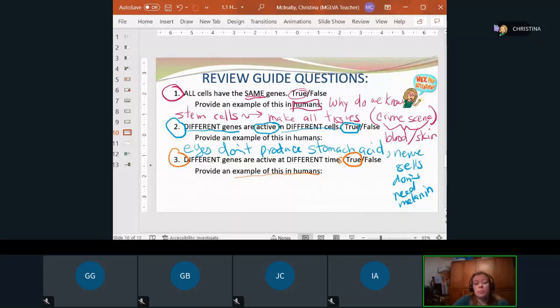So, for example, one of the examples in class was the difference between fetal blood and blood after birth, where the fetal blood captures more oxygen.